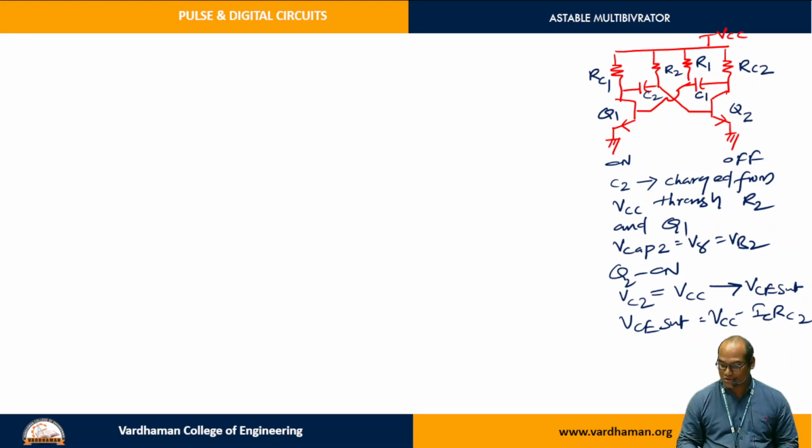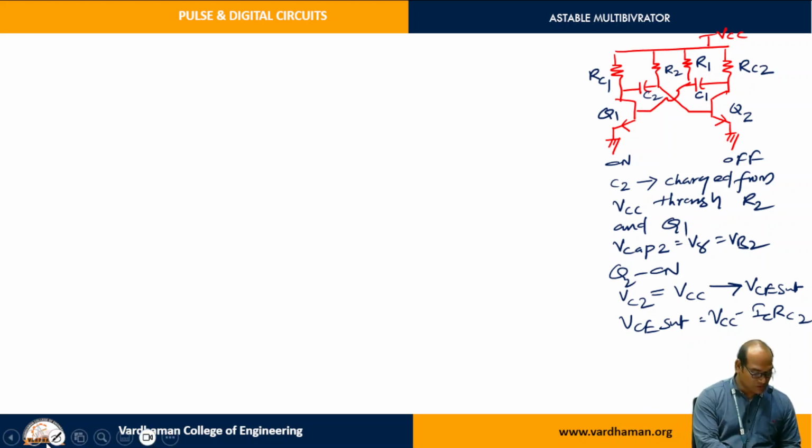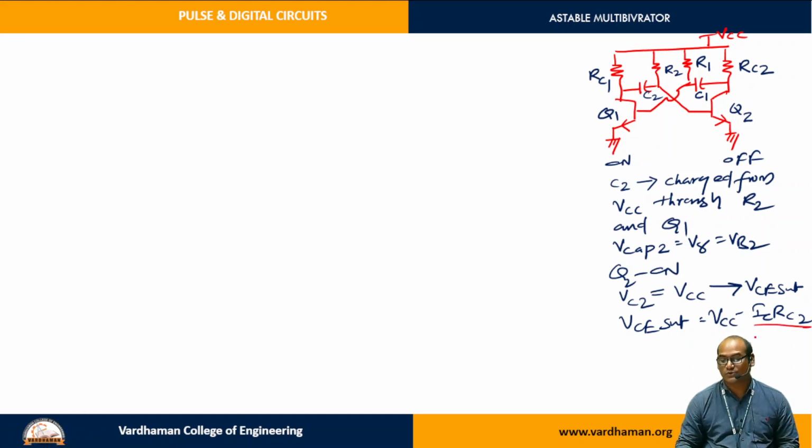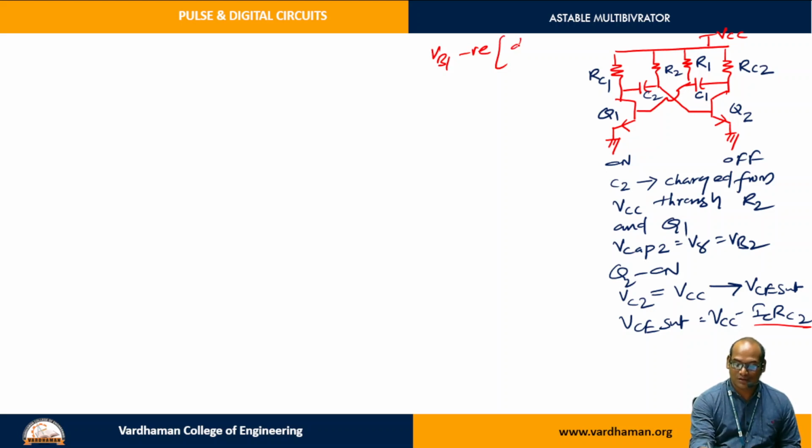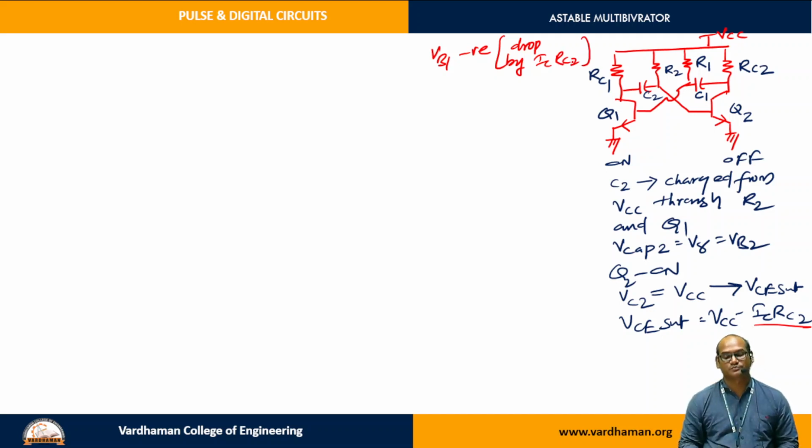Whatever the sudden voltage drop is there, that is IC RC2, will be sent to the base of Q1 transistor through the capacitor C1. So now VB1 will become negative because of the drop. Drop by how much amount? IC into RC2. So it is becoming negative, which means Q1 will become off.